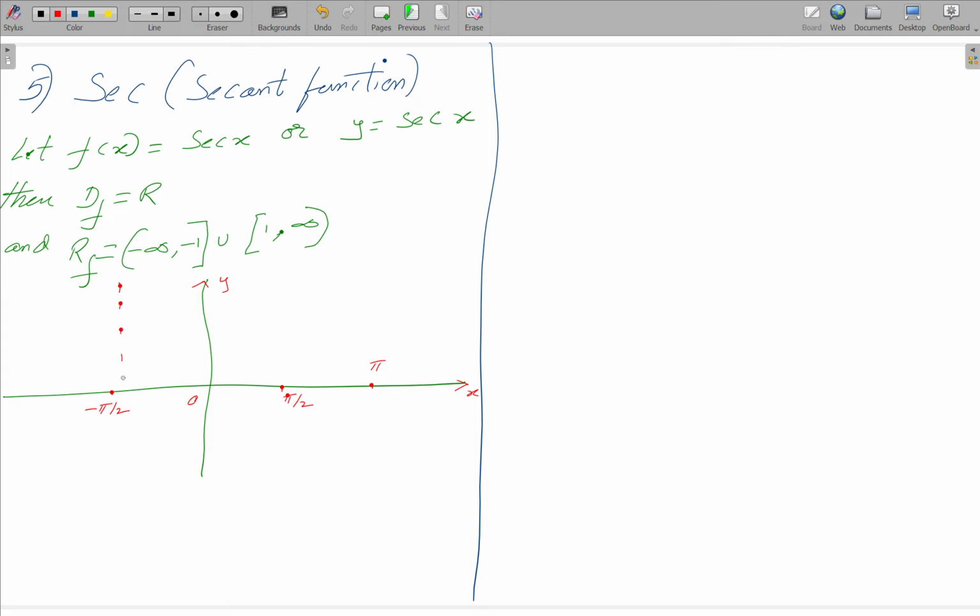Now the formation of the secant graph is like this.